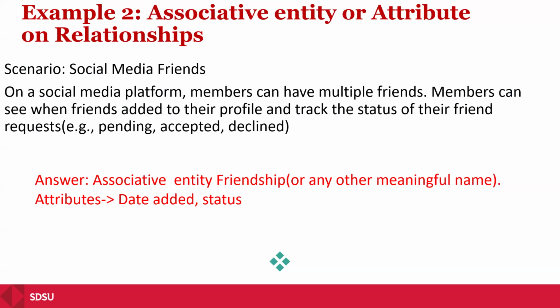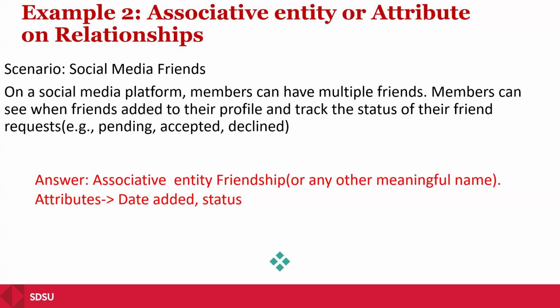So this friendship concept has a meaning to it, and it also has attributes that we track. So that's why it is a case for an associative entity. Because remember, there are various guidelines on when to use associative entities.